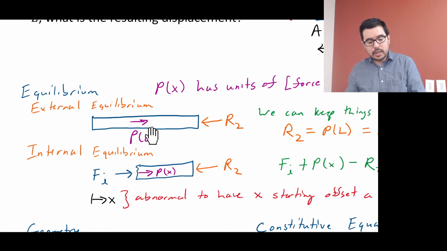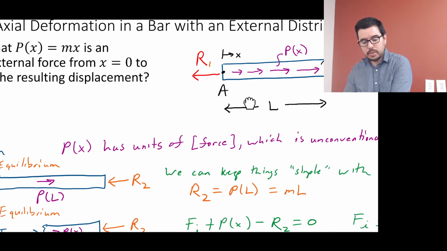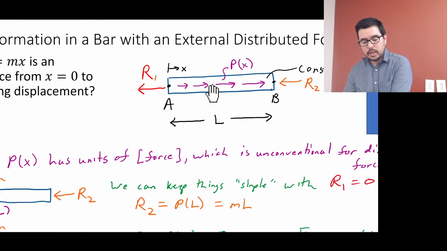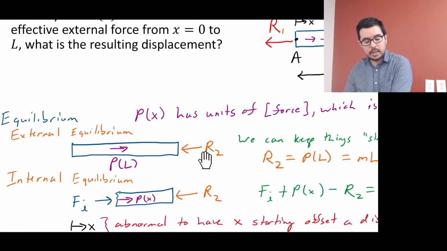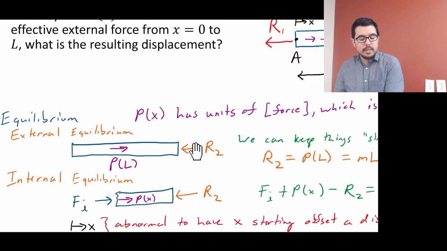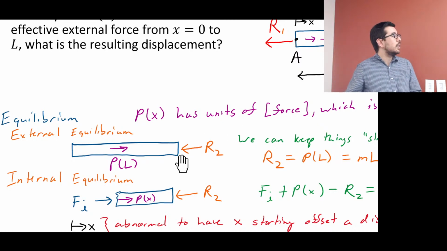I have some P of L, essentially, all right? So I'm calling it P of L. That's going to be equal to this reaction force on the right. That has units of force. I can't really integrate it, all right?